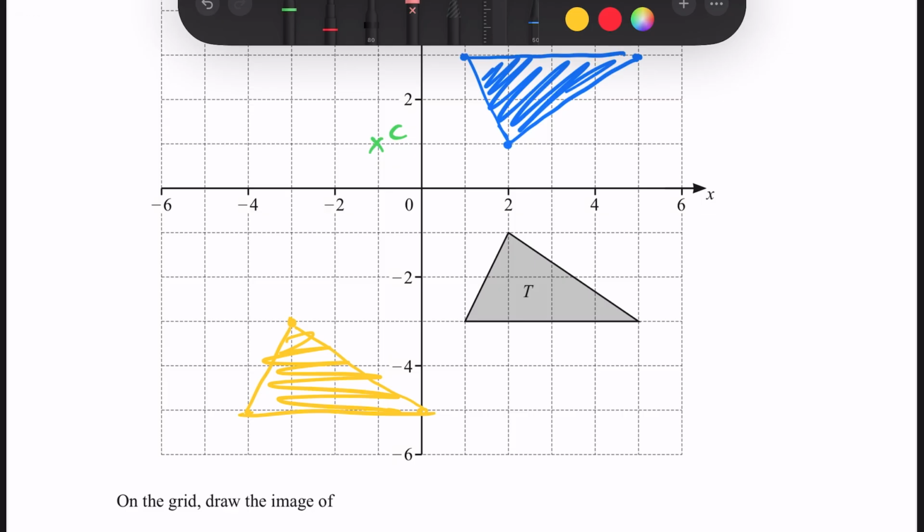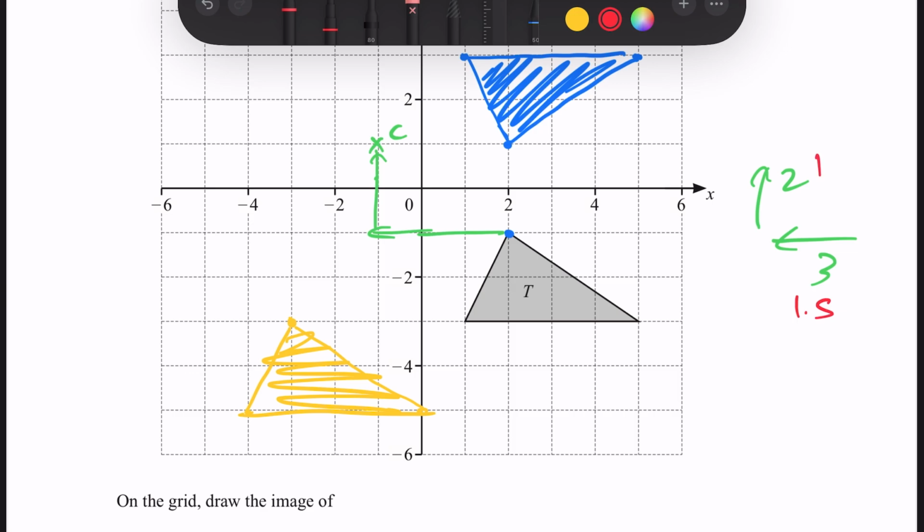If we take this topmost point and find the distance between it and the center, this would be equal to 1, 2, 3 to the left, and 1, 2 up. So 3 to the left and 2 up. Half of these two would be 1.5 and 1.